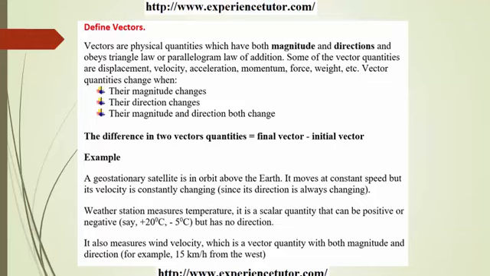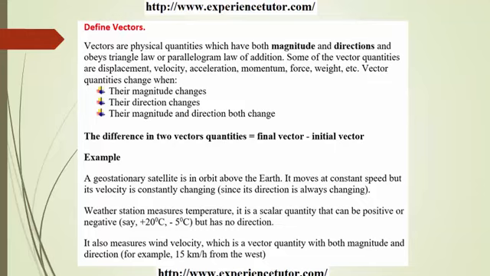Some of the vector quantities are displacement, velocity, acceleration, momentum, force, weight, etc. Vector quantities change when their magnitude changes, their direction changes, or their magnitude and direction both change. The difference in two vector quantities is equal to final vector minus initial vector.